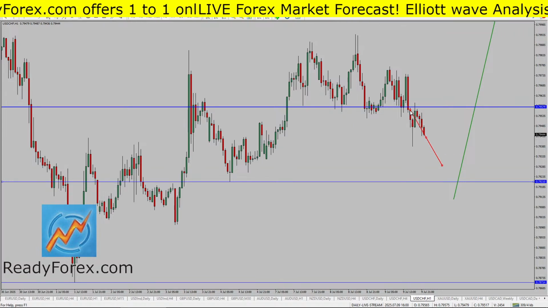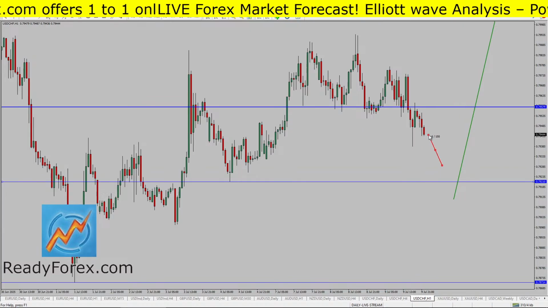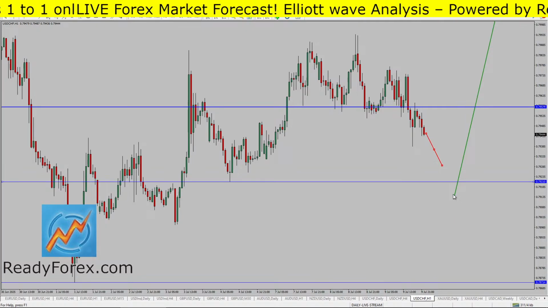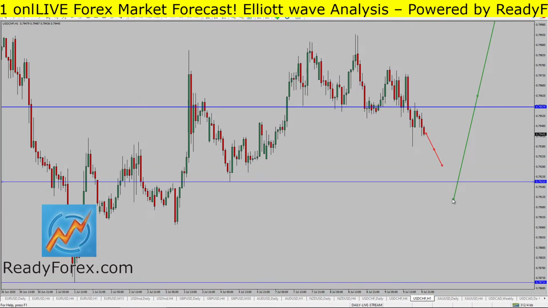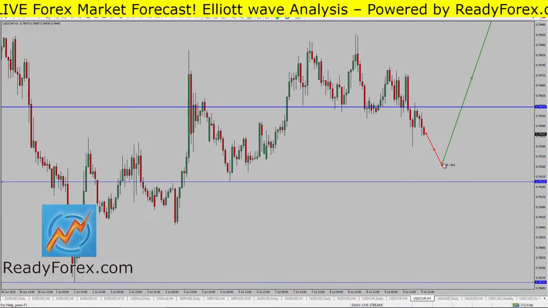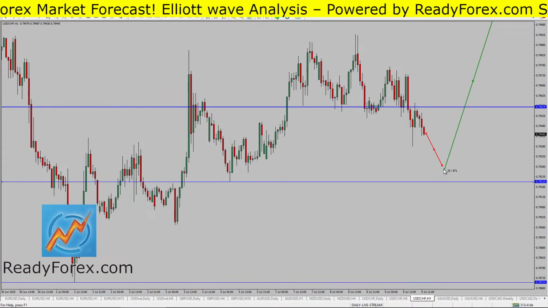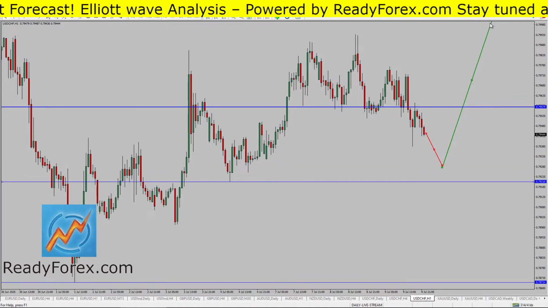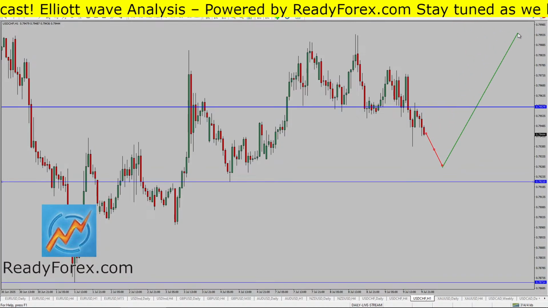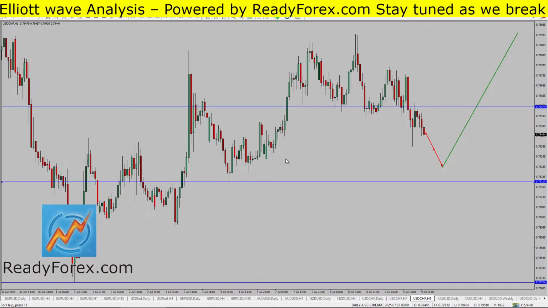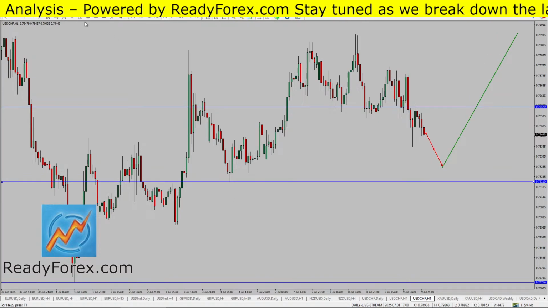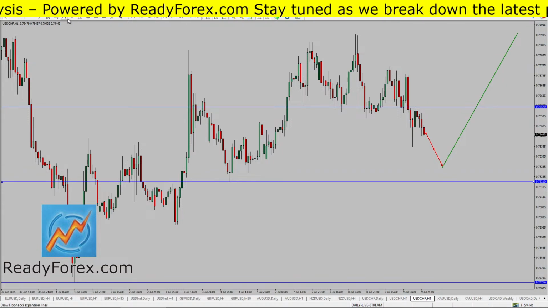Otherwise, if market just drops a little bit more and then rises back up, which is basically the expectation over here, then you can look for potential bullish patterns.